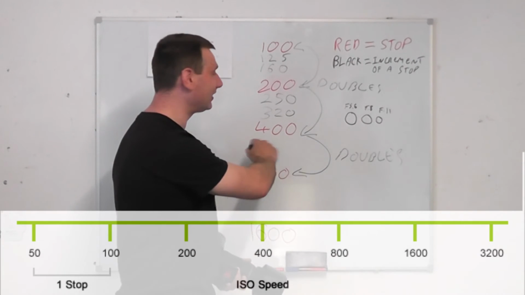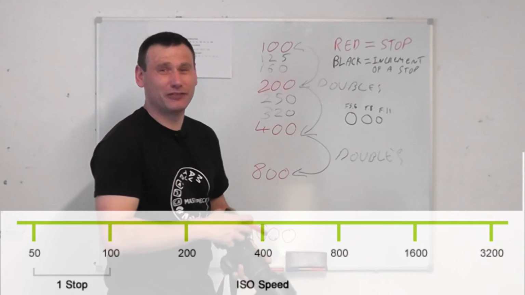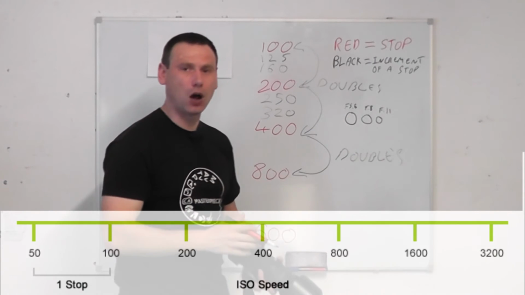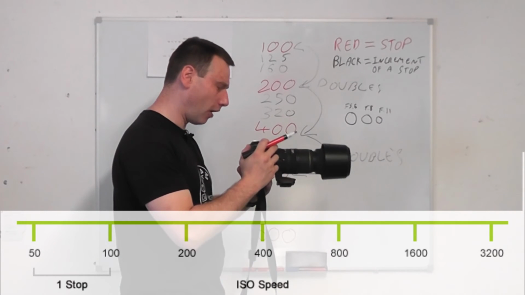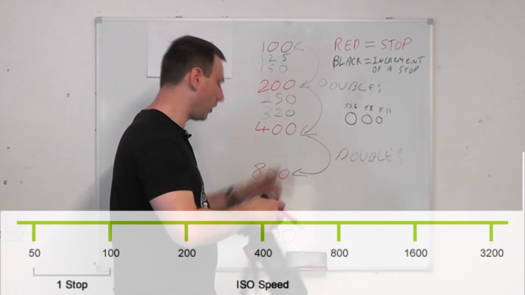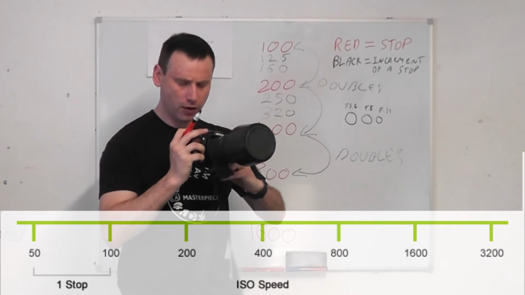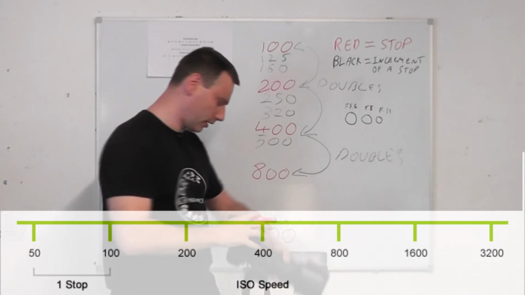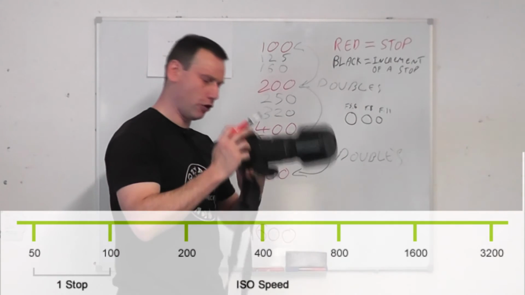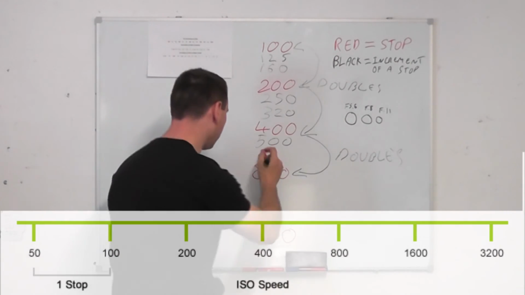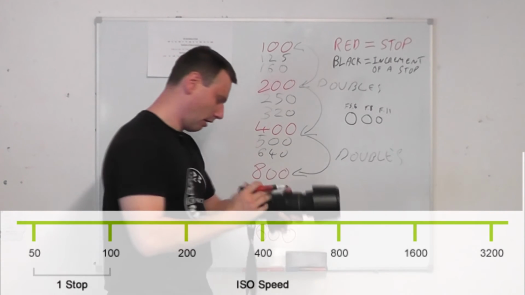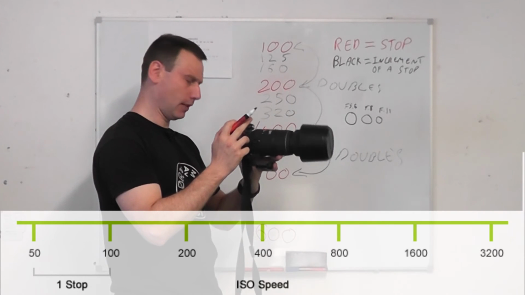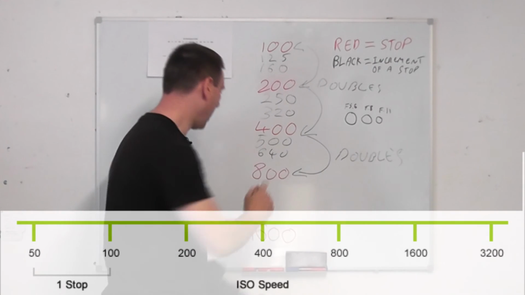So I'm just going to finish this off here, and by the end of the video you will now know that ISO has increments of stops within it. So I'm currently on 400. I'm going to go to ISO 500, then I'm going to go to 640, and then again, when I move the ISO button, I am on 800.